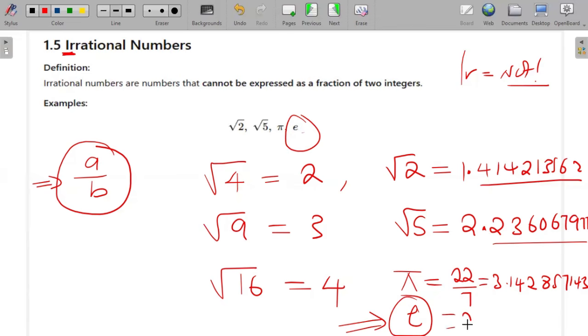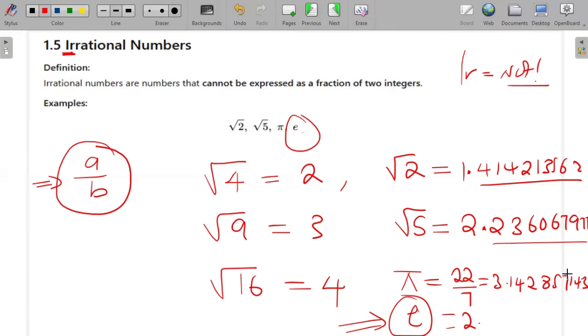E is 2 point something, I've forgotten the points there, 2.7 something. So it's also an irrational number. Just have it in mind that an irrational number is a number that will have non-repeating endless decimal points.